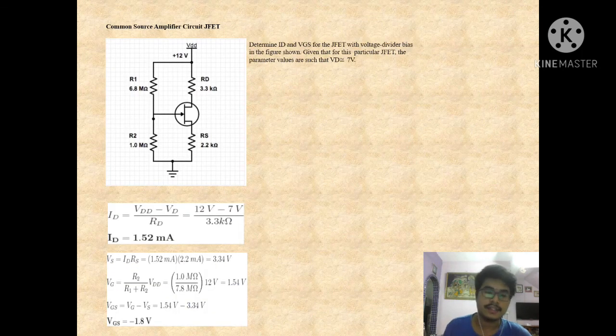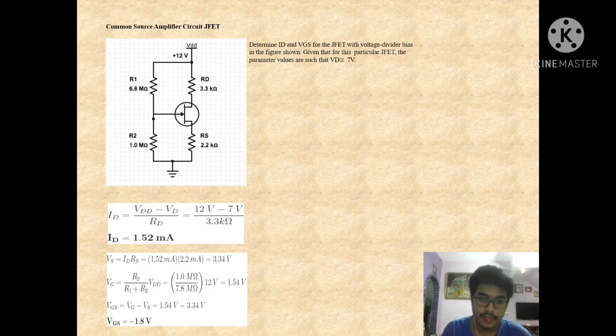Okay, this is a sample question for a common source amplifier circuit with JFET. The question asks, determine ID and VGS for the JFET with the voltage divider bias in the figure shown. Given that for this particular JFET, the parameter values such as VD is almost equal to 7 volts. So to find ID, VDD minus VD over RD.